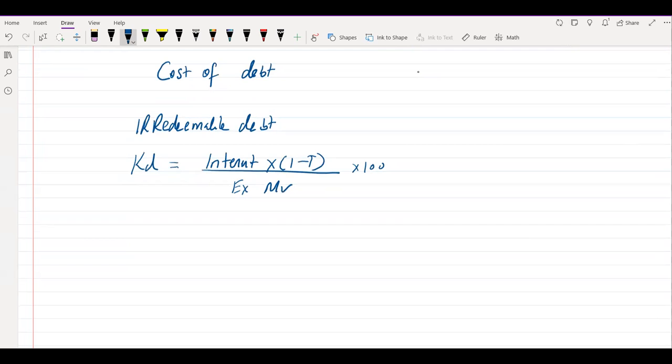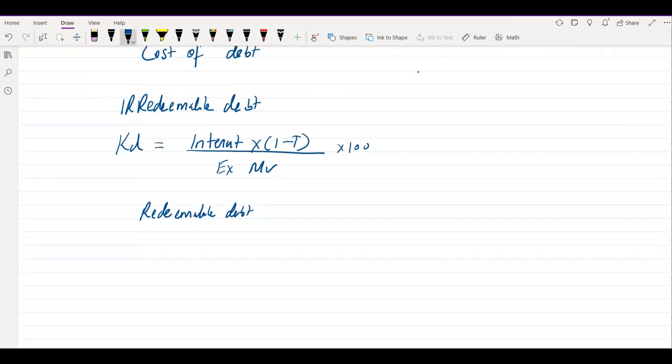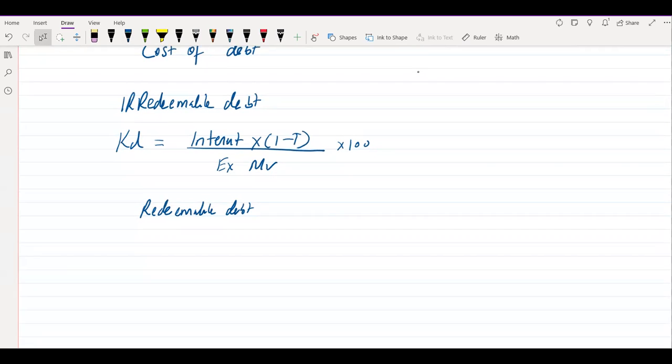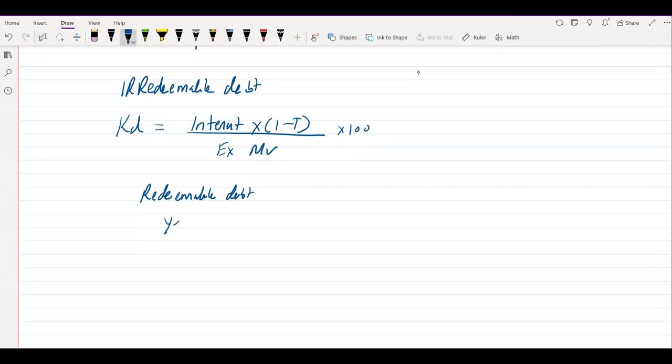That is irredeemable debt. What about redeemable debt? Redeemable debt KD will always be calculated through IRR. For example, if it is a 5-year debt, what you will do: put the market value as a negative number, write the interest into 1 minus T, then the redemption value.